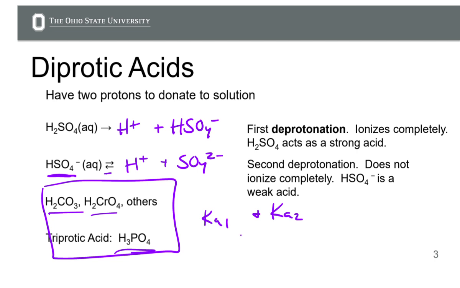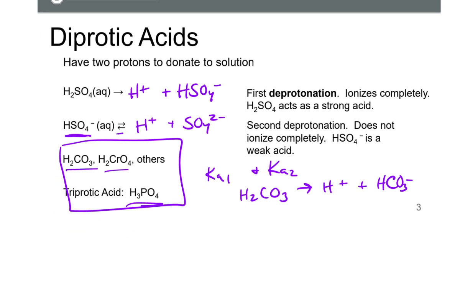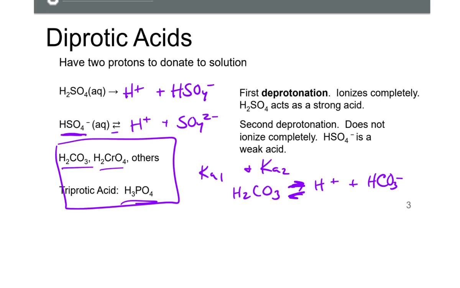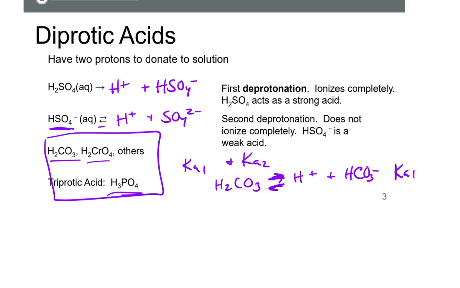So for carbonic acid, H2CO3, it's going to dissociate into H plus and HCO3 minus. Equilibrium arrows there, sorry. And this is going to have a Ka1 associated with that.